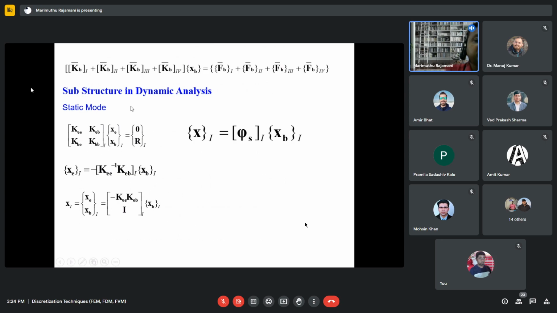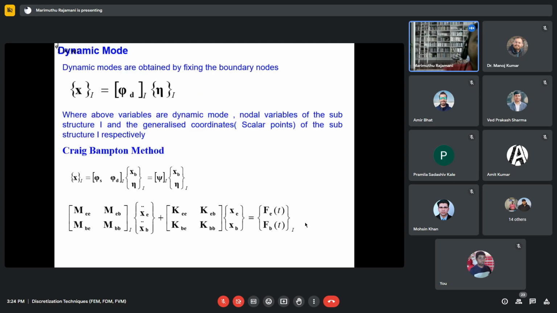Next is substructuring in dynamic analysis. It is similar to that. It can be static mode, and this is the static mode. Actually, I'll come to that.